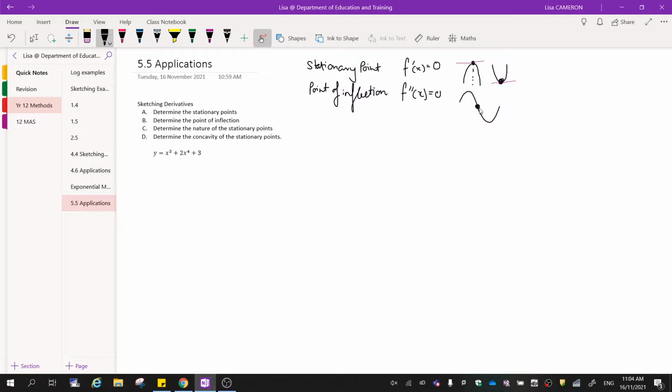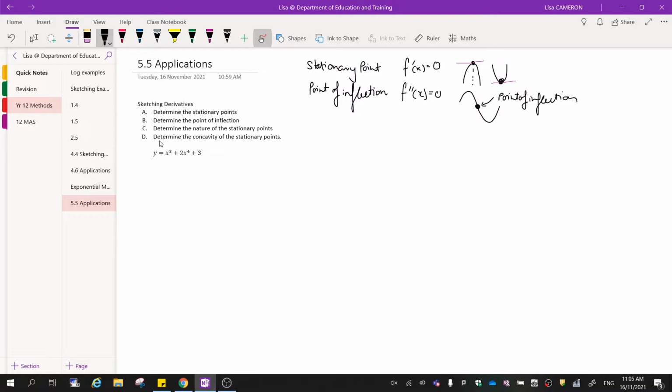But this point here where it changes from approaching the max to approaching the min, that switch over, that is the point of inflection. So that is what we're looking for when we're talking about determine the point of inflection.